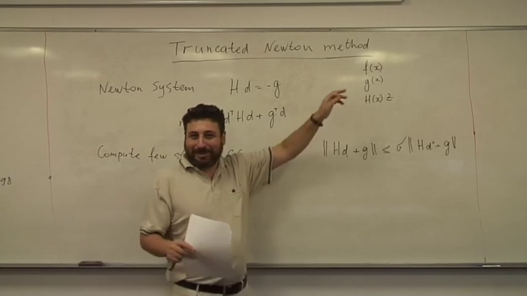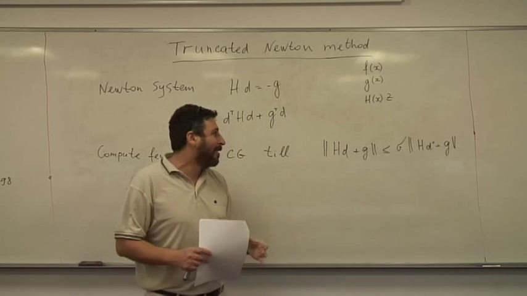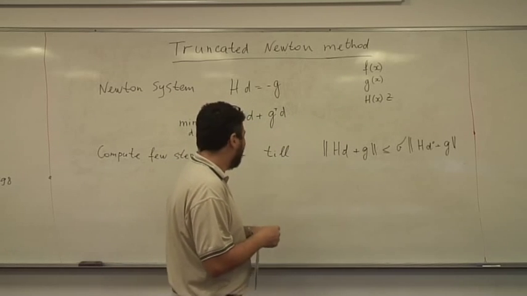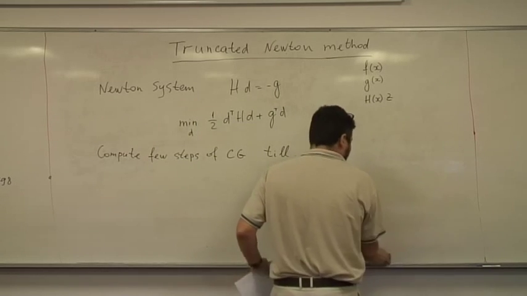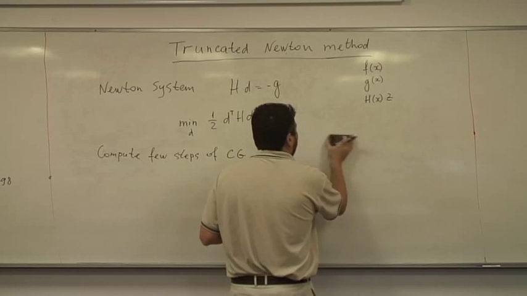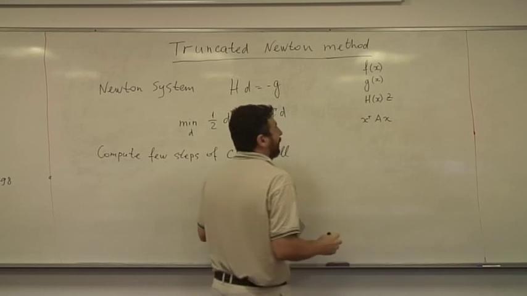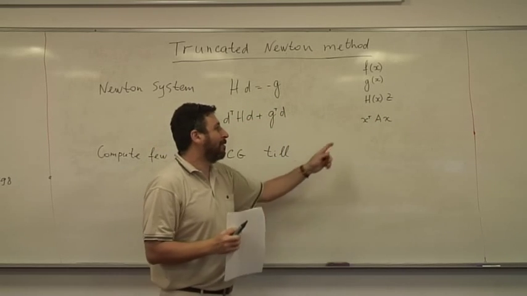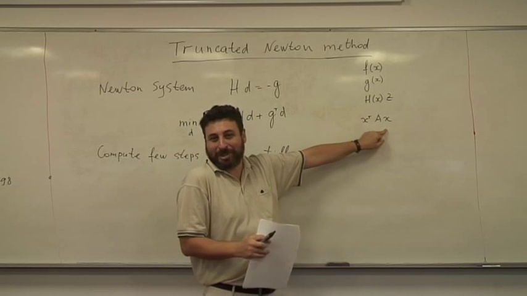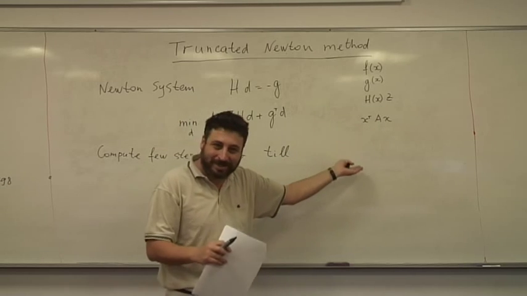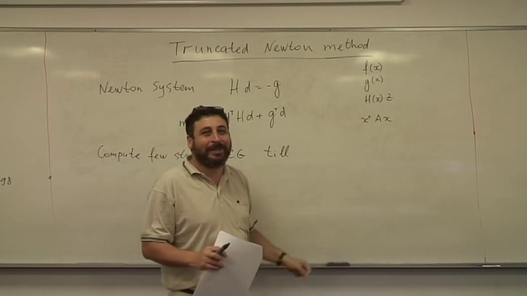It looks like gradient is a vector having many components, and f is only a scalar. But I will give you an example. For example, I have a quadratic form, x transpose Ax. So how much would it cost to compute the function? I should multiply A by x, this is a major effort, and then by x transpose is cheaper, because here we have n squared operations, here only n.